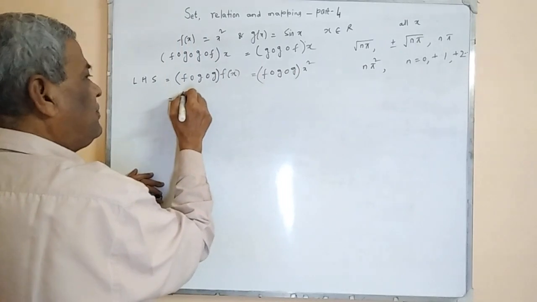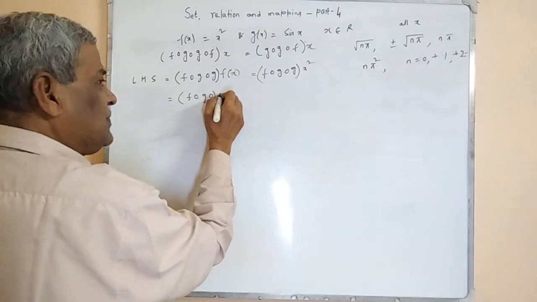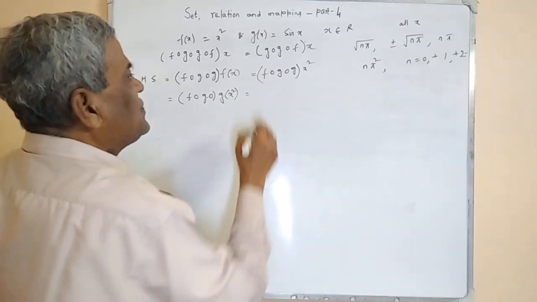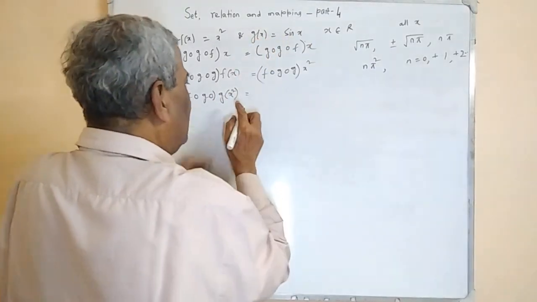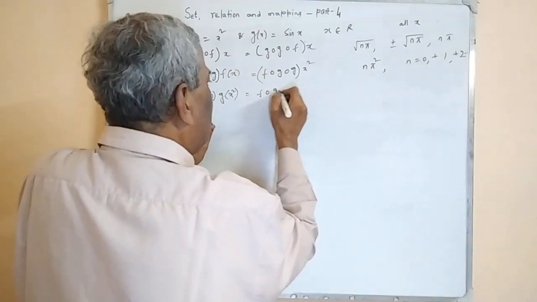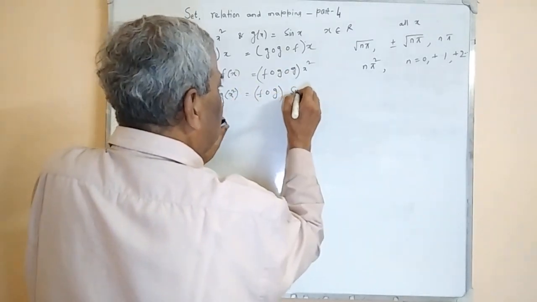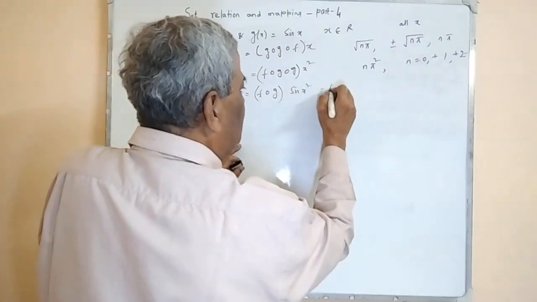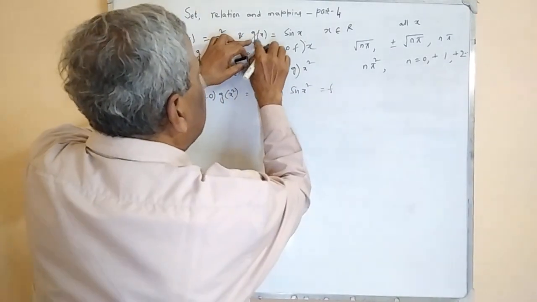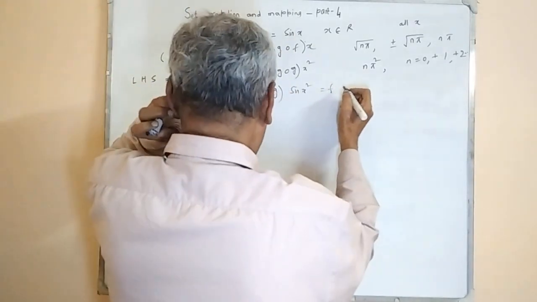It is equal to f composition g of x square. g of x square, g of x is sin x, so it is equal to sin x square. Then f composition g of sin x square.